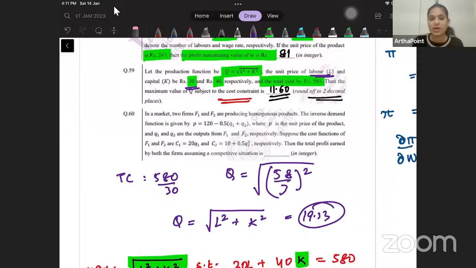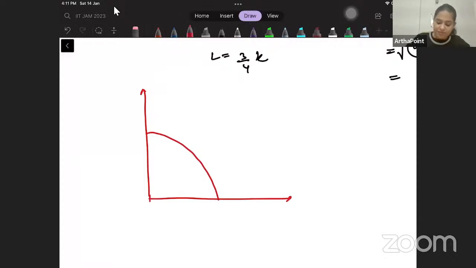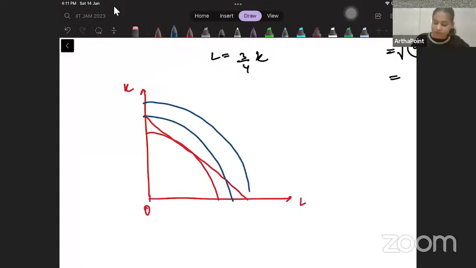This is a concave production function. If I draw this, it looks like this. If I have my isocost here, and I take labor here and capital here, then the highest isoquant will hit here. So I will use only labor.